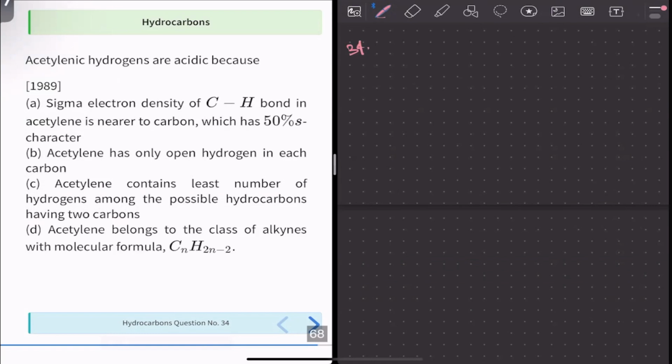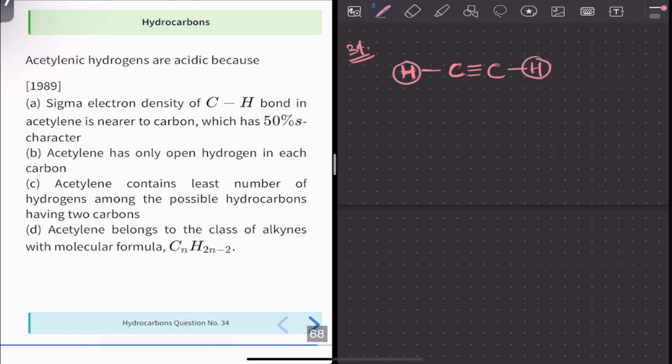Question. Acetylenic hydrogens are acidic because... Acetylenic hydrogens means the hydrogens of acetylene, the acetylene compound, CH. These hydrogens are acidic. Why?